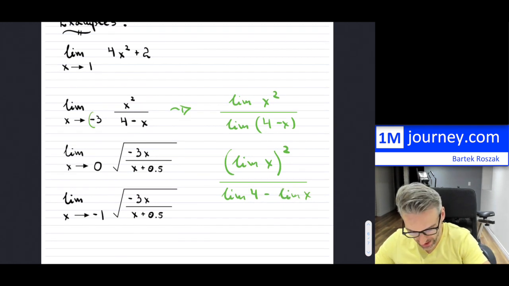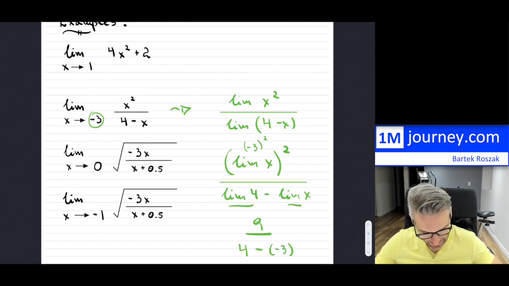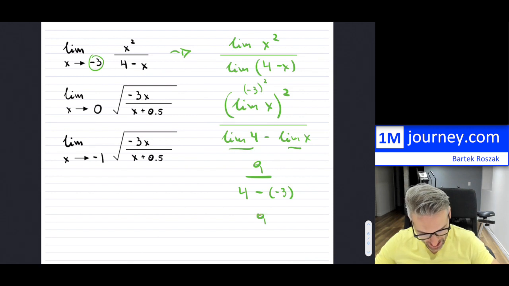Now we're approaching -3, so this would be -3 squared, right? That would be 9, all over 4 minus -3. That would be 7. And that's our limit. There we have it.